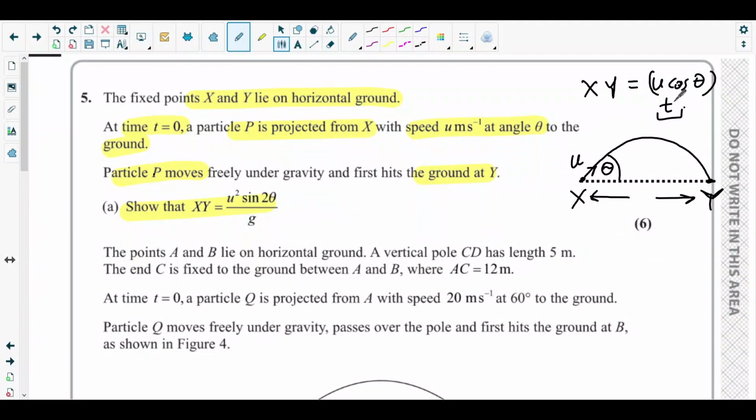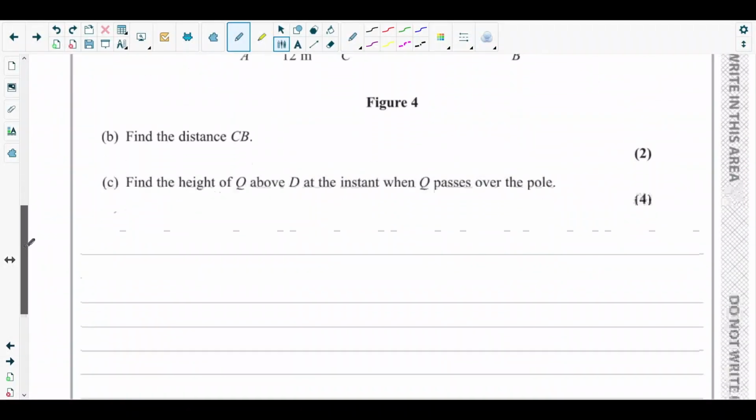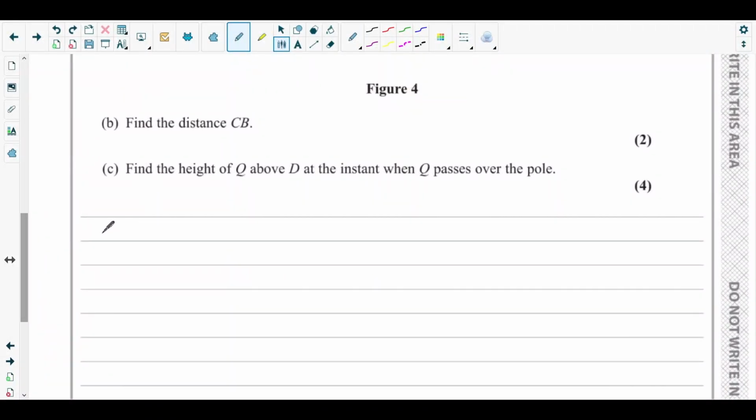So we have to figure out this total journey time, and then we can use the horizontal motion of the particle to get the distance between x and y. To get the total journey time, we will consider the vertical motion of the particle.